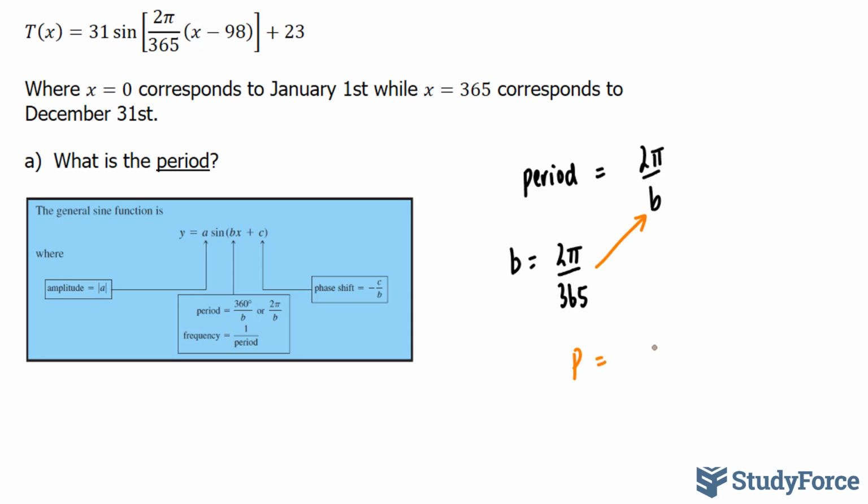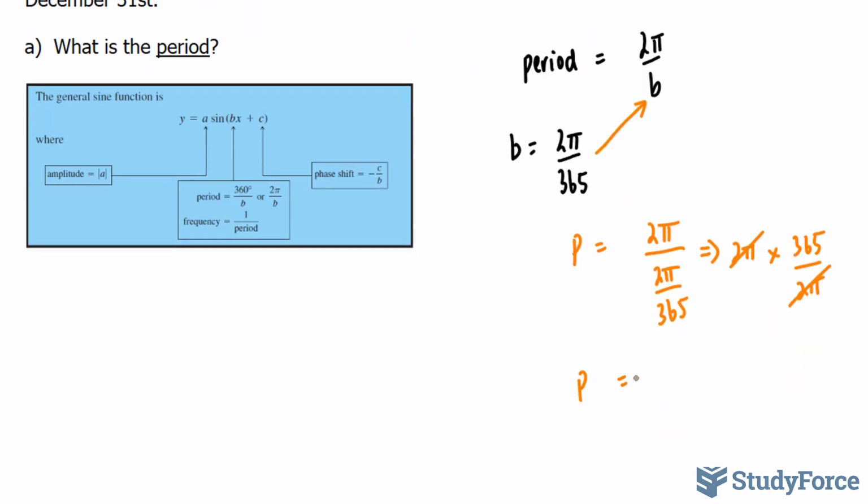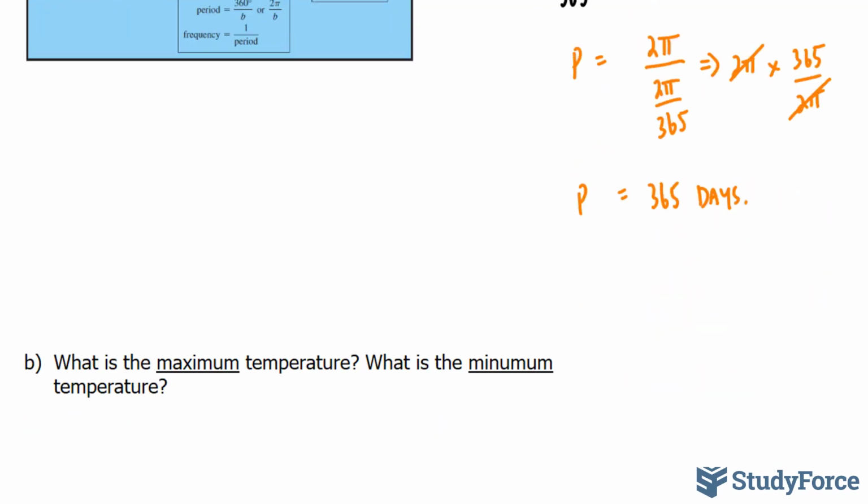So period is equal to 2 pi over 365. If we rearrange this, we end up with 2 pi times 365 over 2 pi. This cancels out, and our period is equal to 365 days. Let's move on to part B.